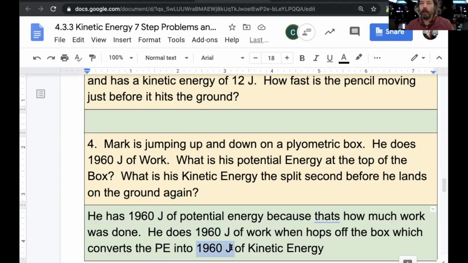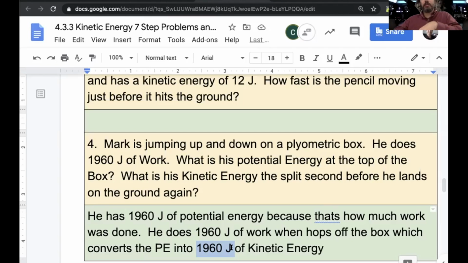Now, what gets confusing or causes people problems is the number is the same for all of them, which is beautiful, and it allows us to do a lot of stuff mathematically. However, work and potential energy are not the same thing. They are very closely related. Work creates energy, work turns into potential energy. Potential energy then does work, which creates kinetic energy. So they're all related, but they are not the same thing.